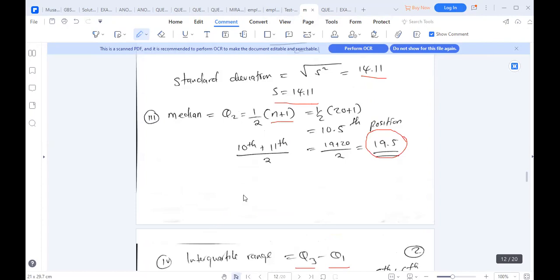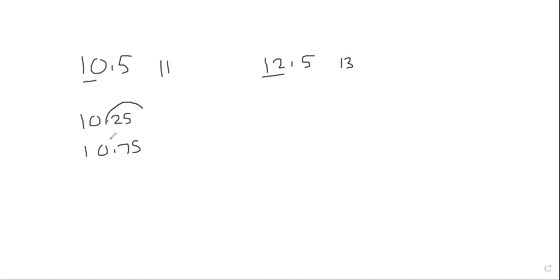Only when you have a 0.5, you are going to get this and the following number, the 11th number. If you have a 12.5, you get the 12th and divide by 2. But if you have a 10.25, in short, anything with a point, you get that number and the following number divided by 2, whether it's 0.5 or 0.75 or 0.2.